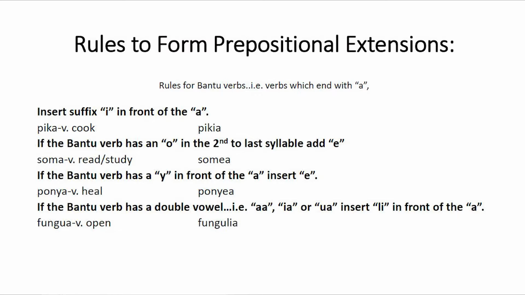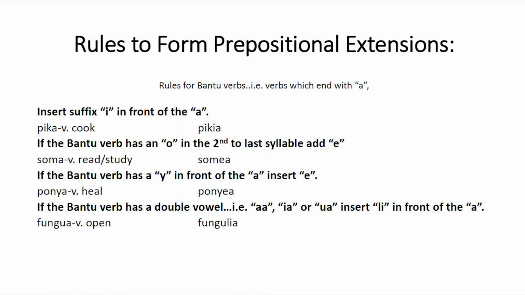Now this Bantu verb, you have to remember, ends in the letter A. If you have a Bantu verb that ends in the letter A, all you have to do is insert the suffix I in front of the A. So cook, pika, becomes cook for, pikia.